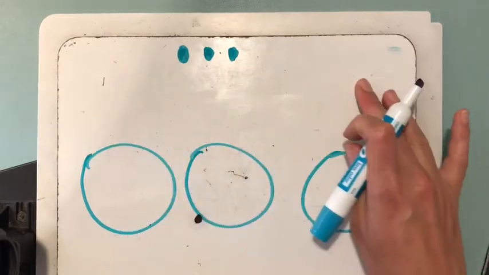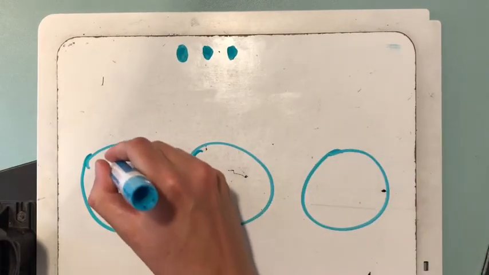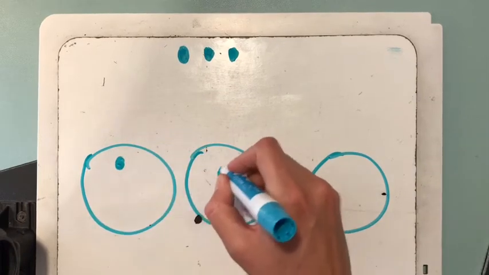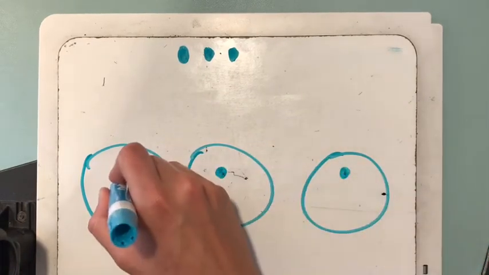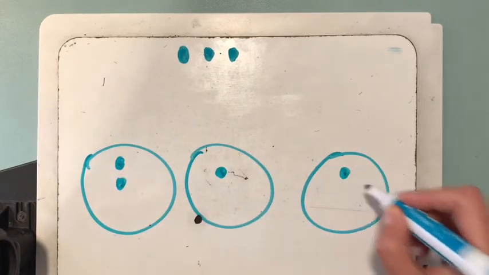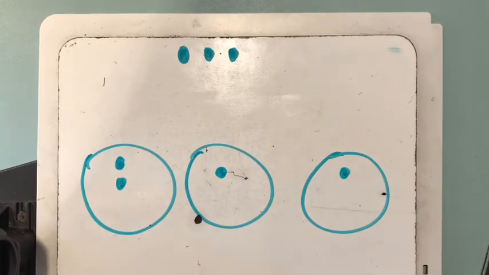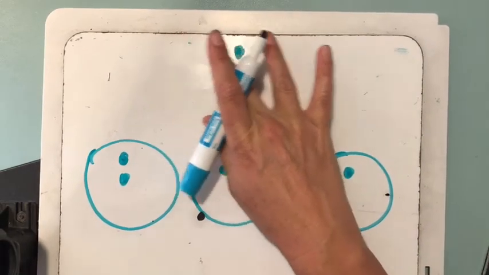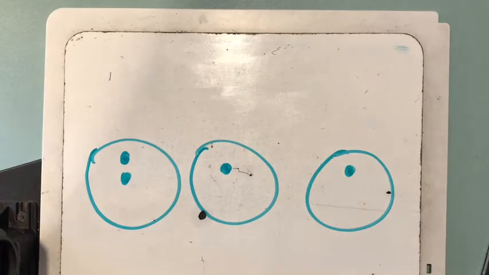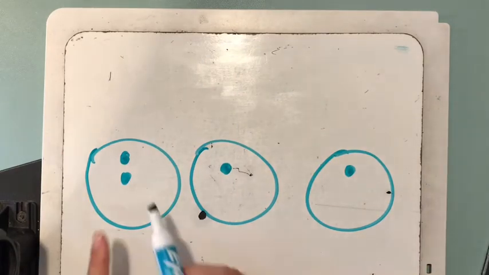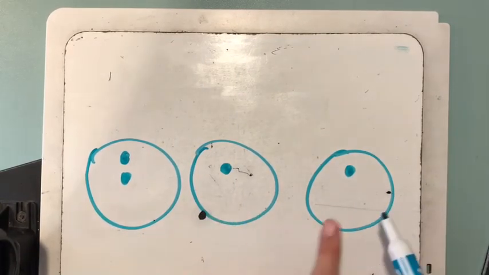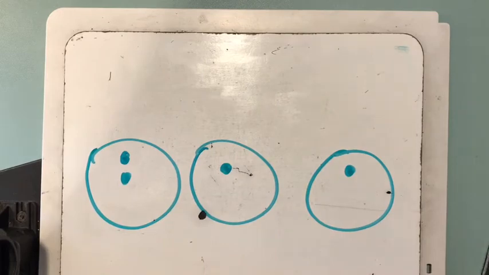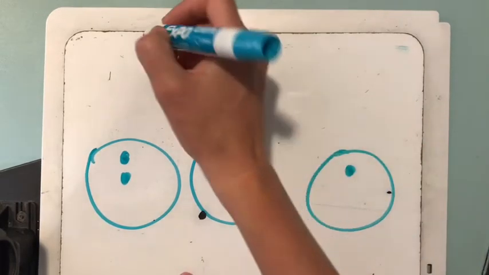Or you don't have to draw them up here and you can just go 1, 2, 3 and keep going, 4, 5, 6 until you get to 12. So 2 ways that you can do it. Do which way works best for you. You can pause the video once you've got all of your dots in your circles. You can unpause.